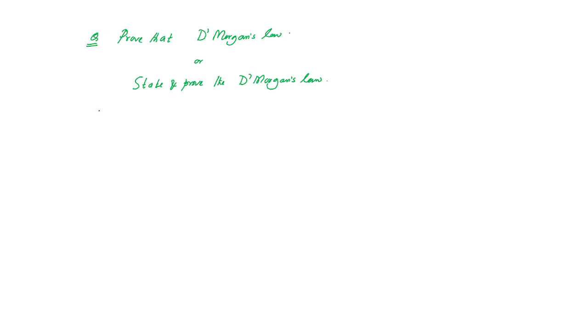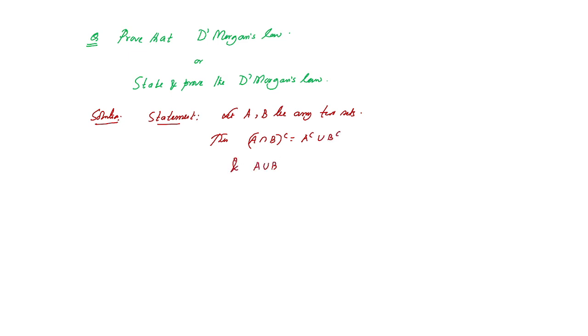How to prove? First we will give the statement of De Morgan's law. Statement: let A, B be any two sets, then (A intersection B) complement equals A complement union B complement, and (A union B) complement equals A complement intersection B complement.